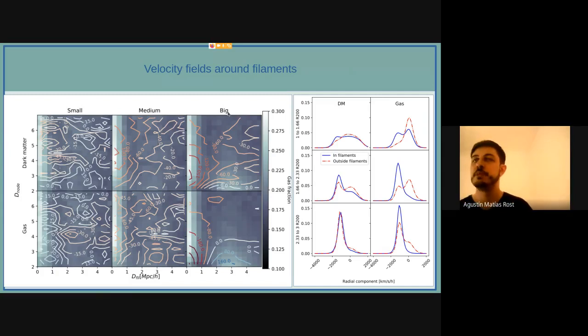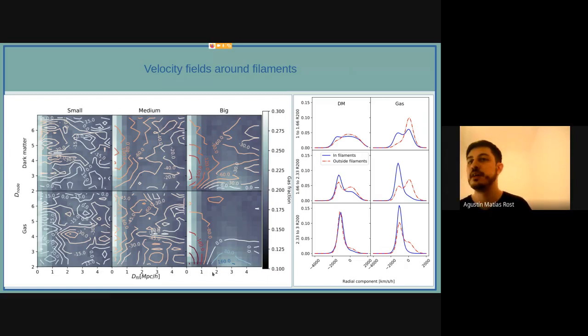But for big filaments, those that are associated with the center of the galaxy cluster, we see much more violent velocity flows. We see that at the center of the filament, the velocities tend to be very negative, so the material goes very fast towards the center of the cluster.